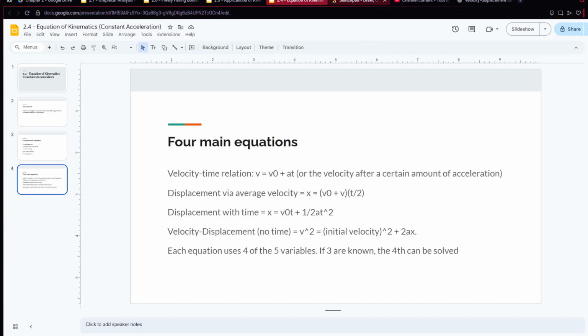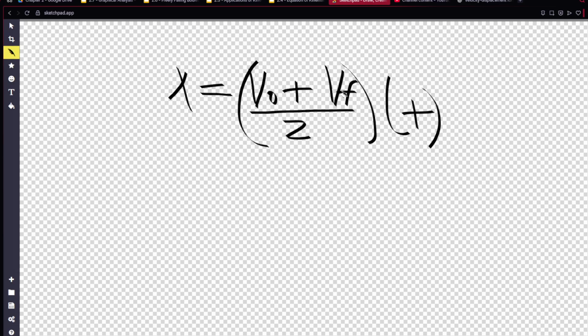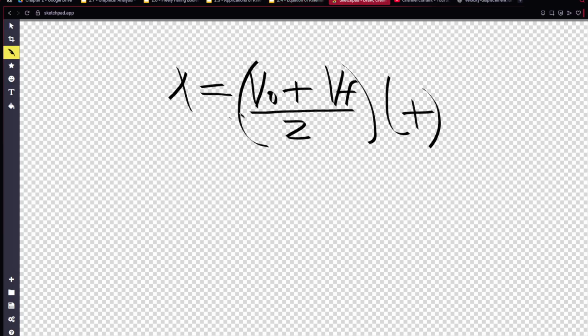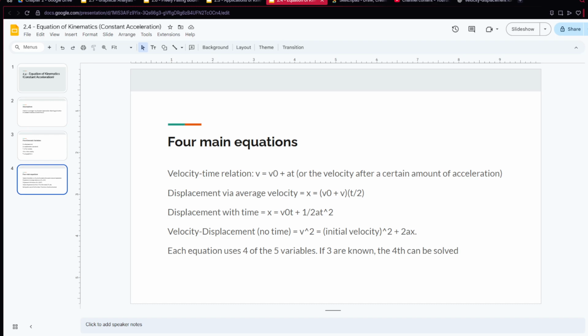Now we get displacement with time, and this one is actually quite genius. So we're going to come back to the original equation, which is x equals V0 plus VF over 2 times t. Remember here, we have V equals, wait, I don't know if this is right. Okay, one second.